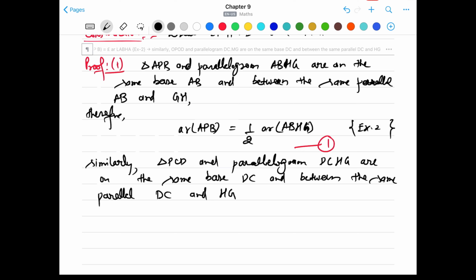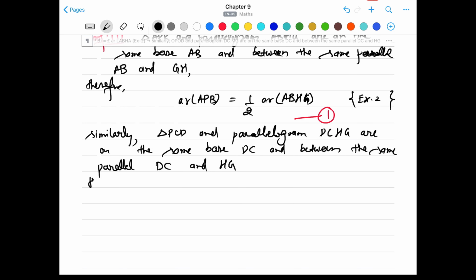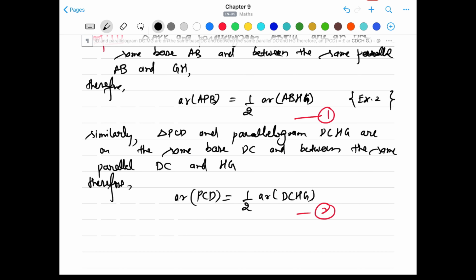Every time you have to mention the name of the triangle and the parallelogram and their common base and the parallel lines. Therefore, the area of the triangle PCD will be equal to half the area of the parallelogram DCHG. Let's name it equation number 2.